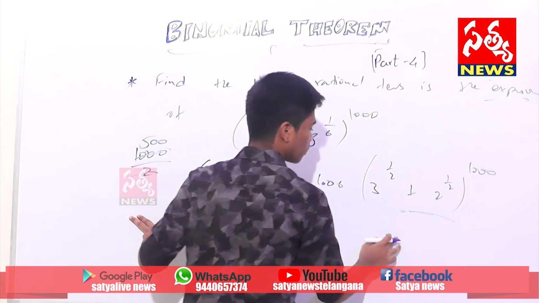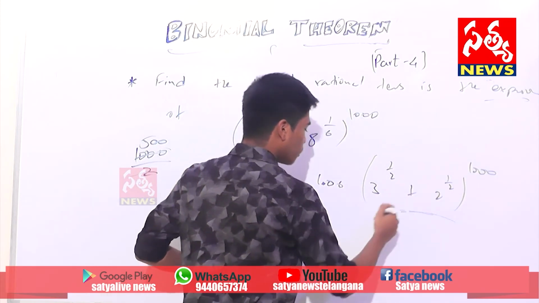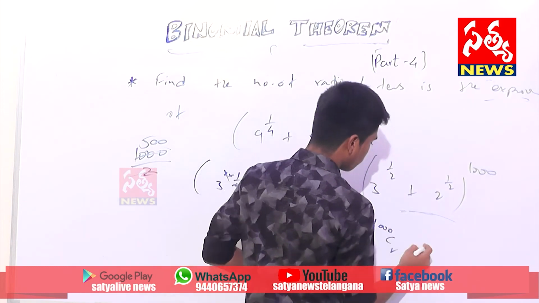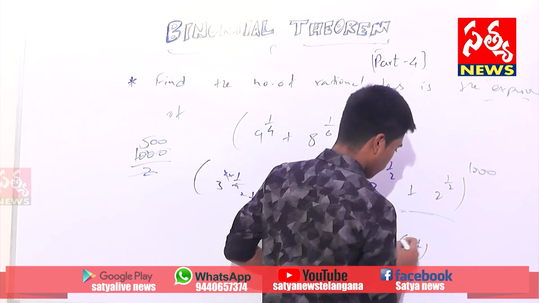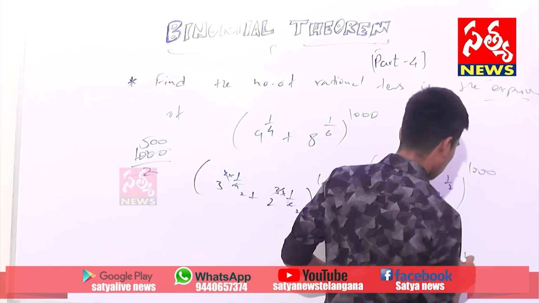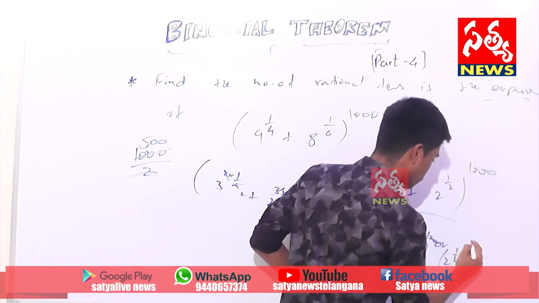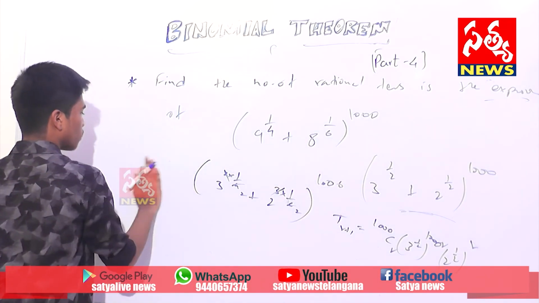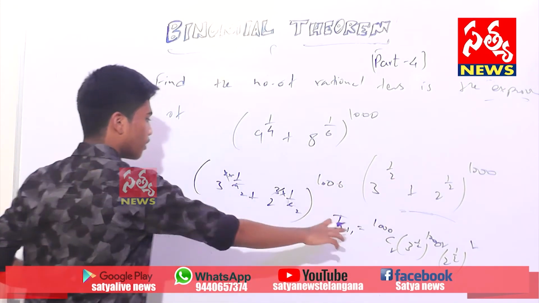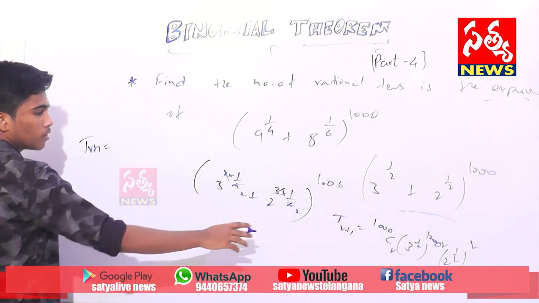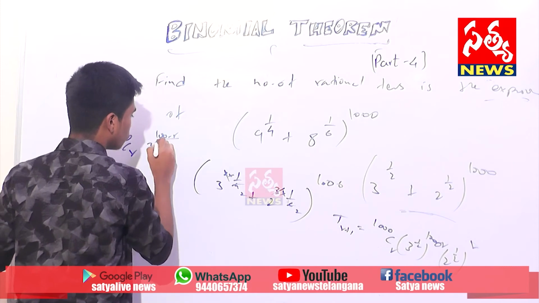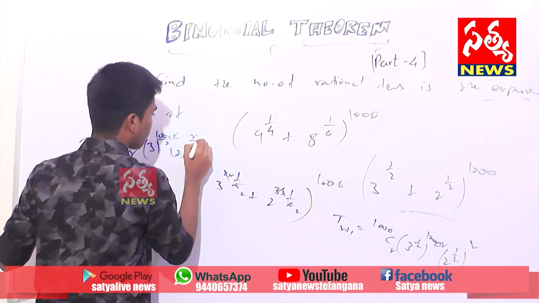Okay. In a clear manner, let's write the general term. T of r plus 1 is equal to 1000 C r x power 1000 minus r, y power r. This is the general term, right? For some time, forget the 500 as the answer. Now T of r plus 1 is equal to 1000 C r, 3 power (1000 minus r) by 2, 2 power r by 2.